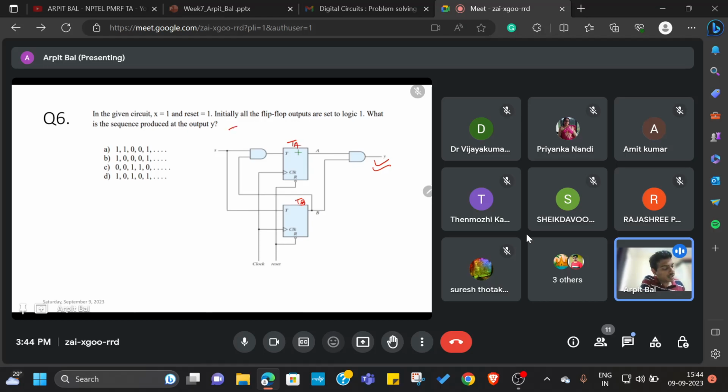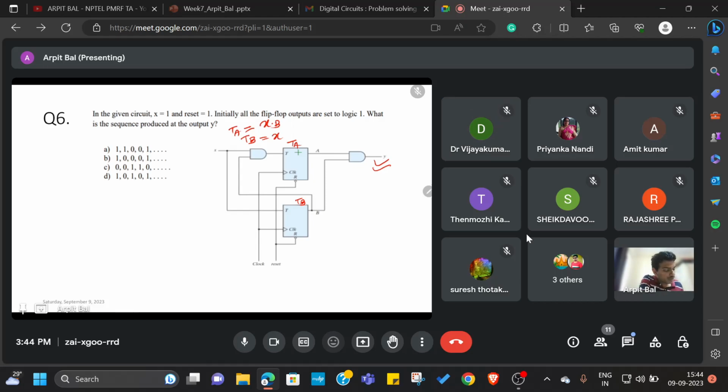So what is the equation for TA? X dot B. For TB, X. Correct.